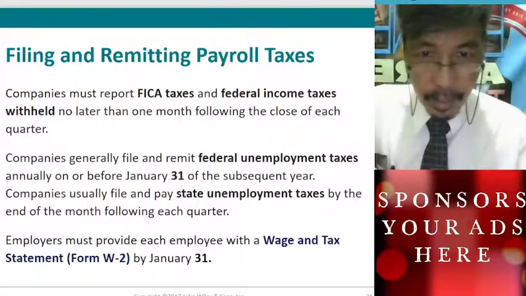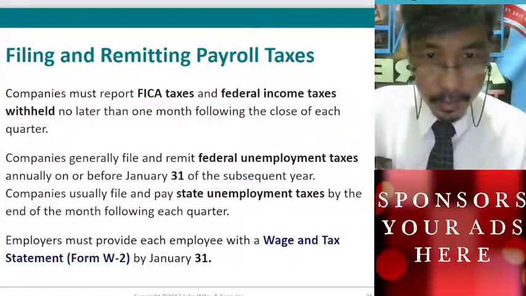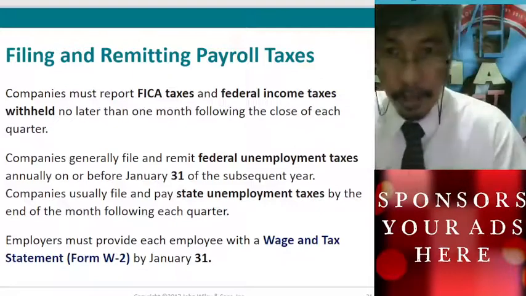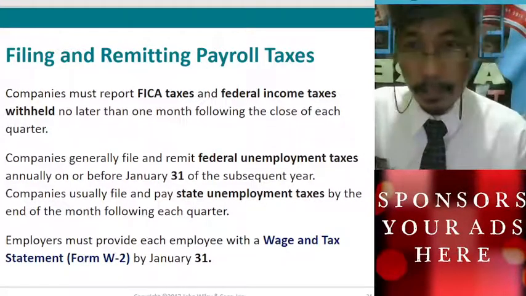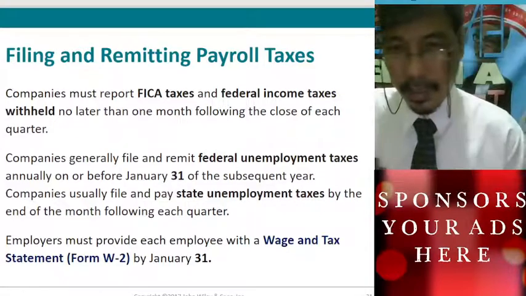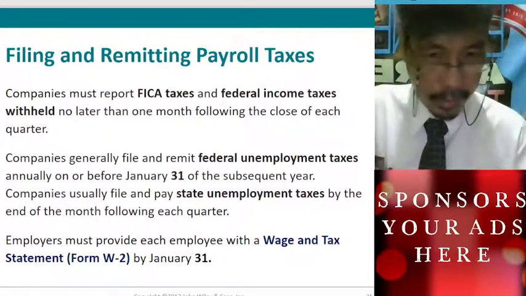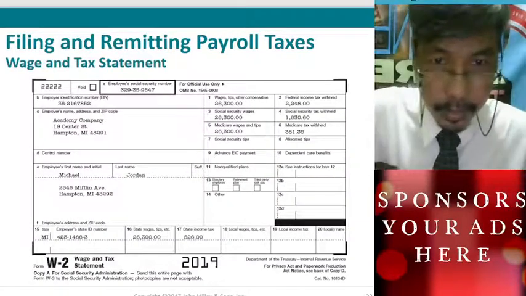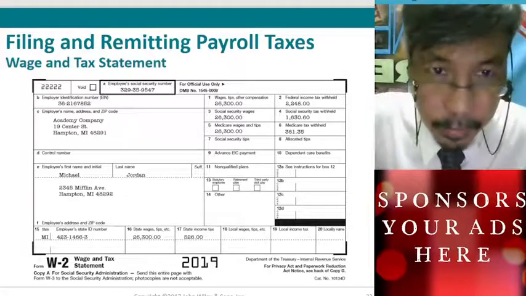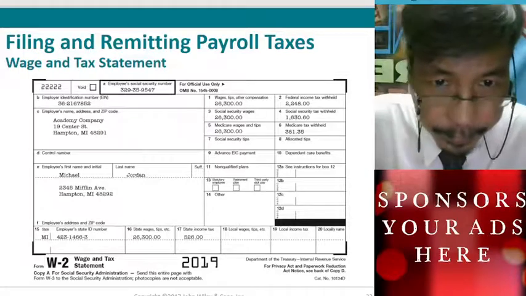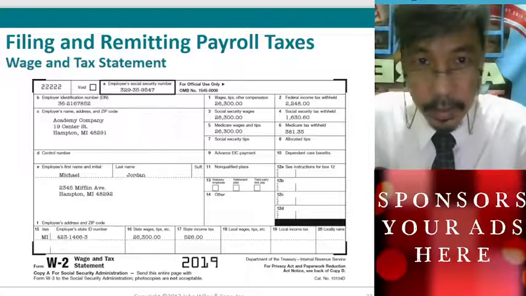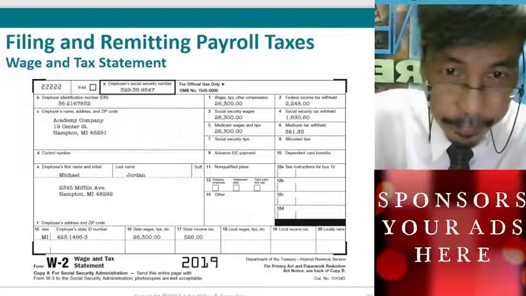Employers must provide their employees with a wage and tax statement, Form W-2. We have a different form here, BIR form something, 1060 something. So we have this wage and tax statement. This is the form, and you have to keep this. This is the evidence that you paid tax.